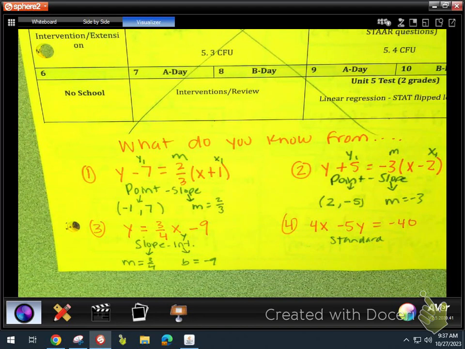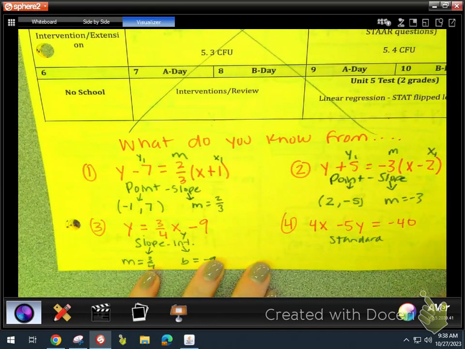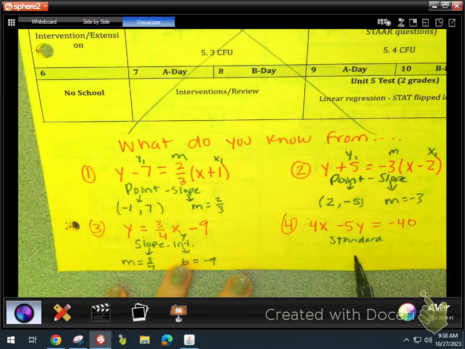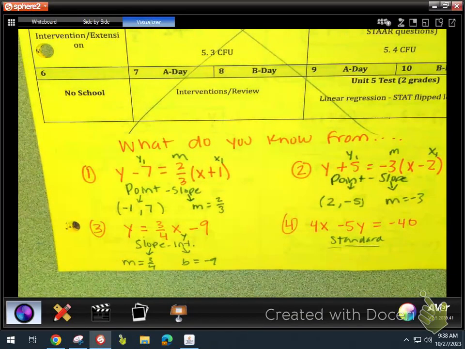How do we do that? How do you find intercepts? Plug in a 0, solve for y. Plug in a 0, solve for x. That's kind of the only thing that I think standard form is really that useful for.